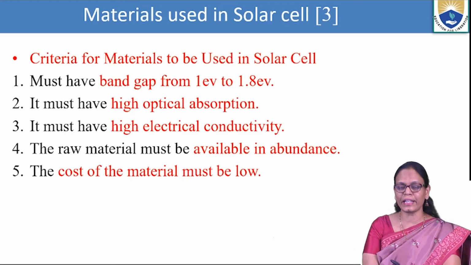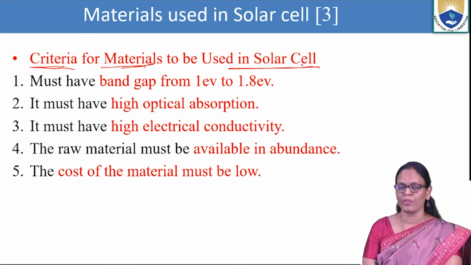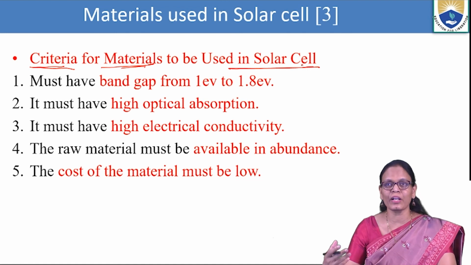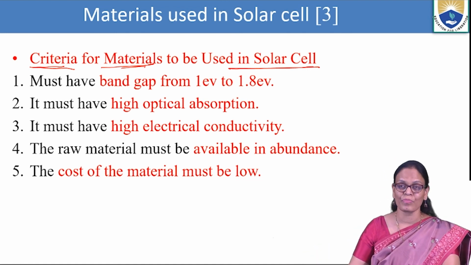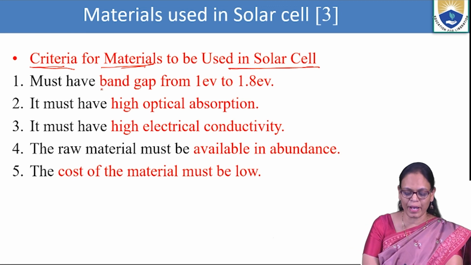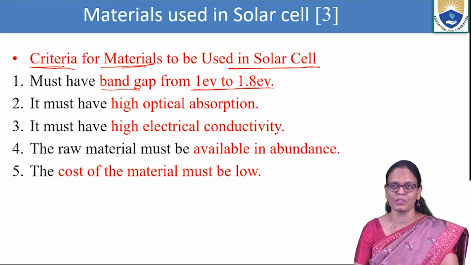And what are the criteria that we have to consider for selecting the material that we are using in the solar cell? The first one is that the band gap should be from 1 electron volt to 1.8 electron volt.